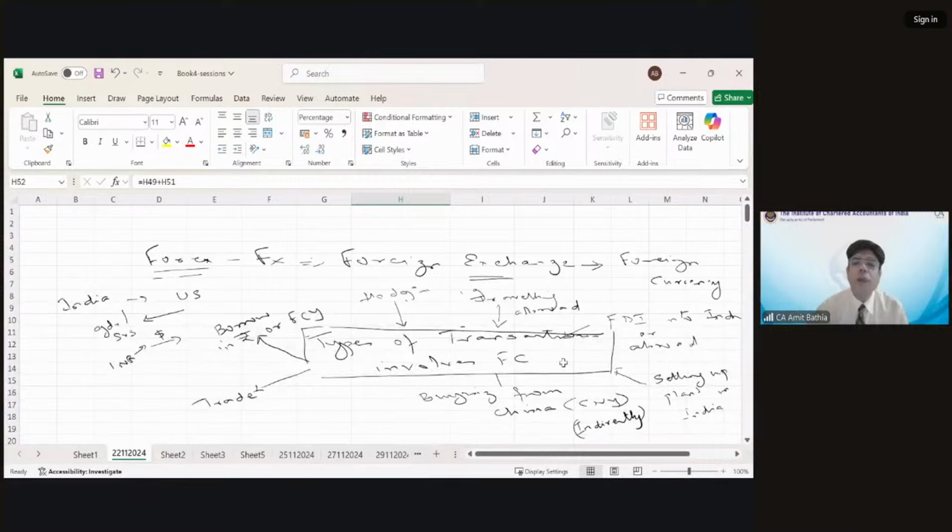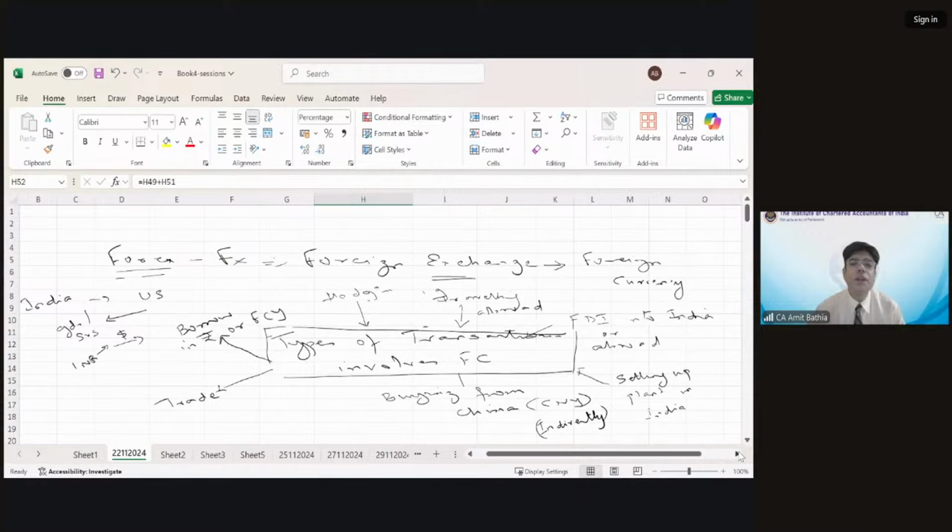There may be multiple types of transactions that involve foreign currency. For example, if you are going to borrow in rupee or in foreign currency, or you want to trade in foreign currency. Maybe I have a certain exposure or liability in foreign exchange, and as a result I may be required to hedge my foreign currency exposure.